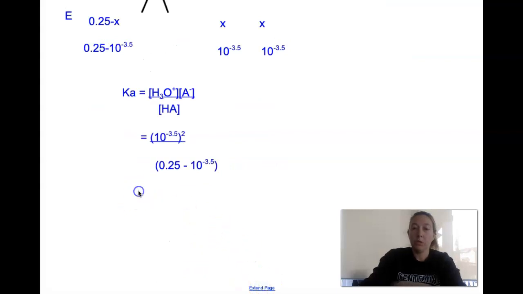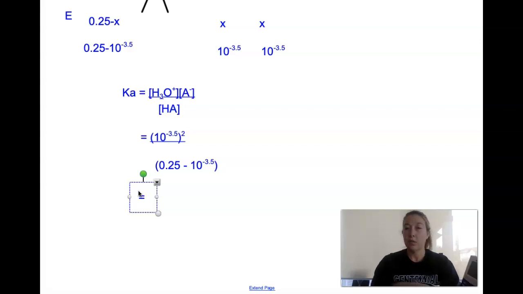It's not a trick, it's just how I tend to enter this on my calculator because I find it easier. I do 10 to the negative 3.5 and say equals, so that becomes my answer button. Instead of typing 10 to the negative 3.5 a bunch of times, I just have to do it once. That answer is representing 10 to the negative 3.5.